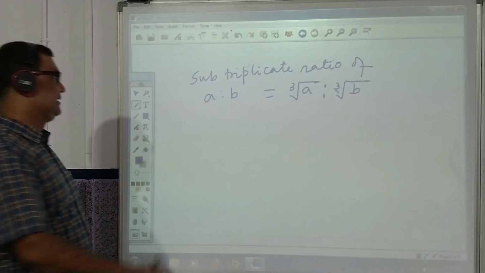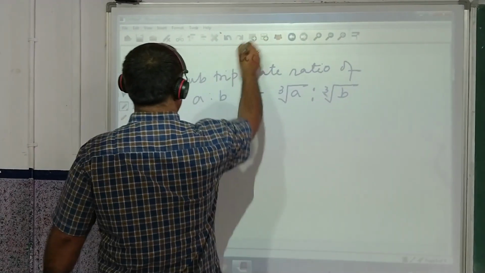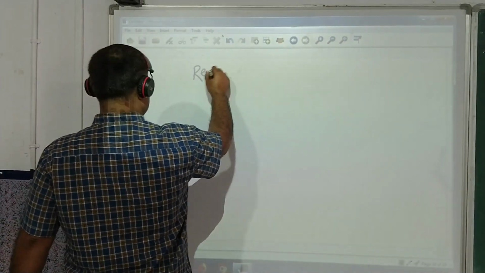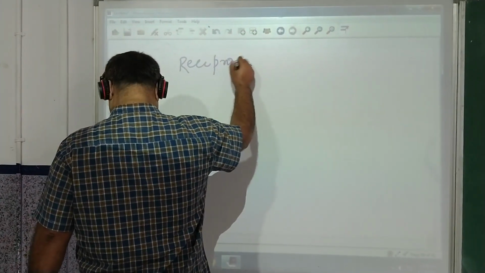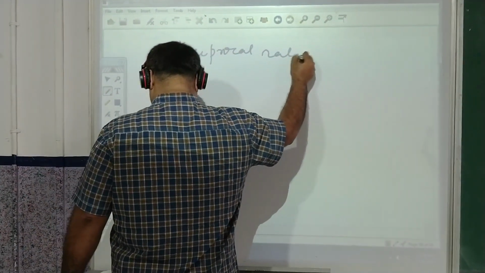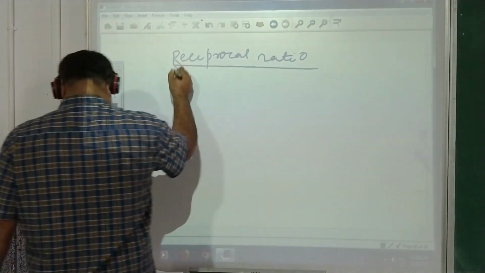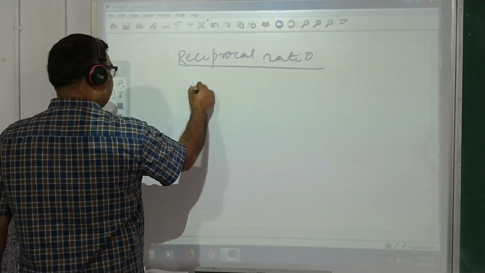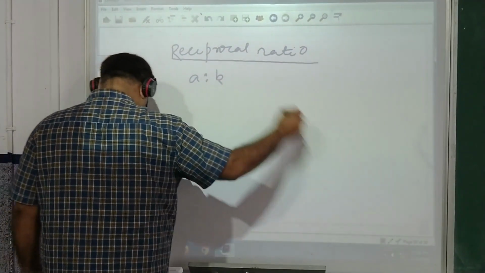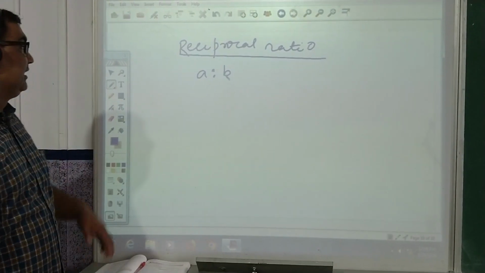Next is the reciprocal ratio. For any ratio A is to B, what will be the reciprocal?